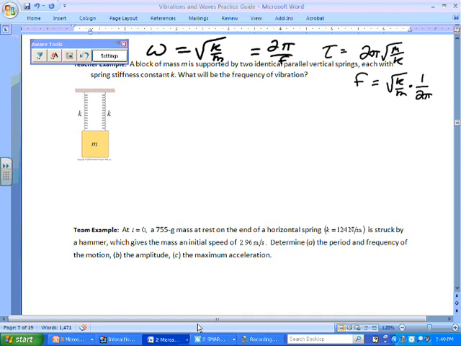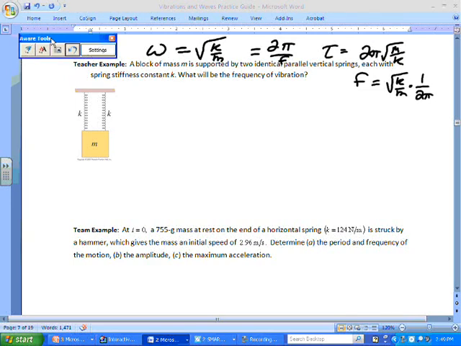Okay, so we look at this problem and we're asked to analyze this spring system. We've got two springs here, both with spring constant k, oscillating a mass m up and down. And we're asked to find the frequency of vibration. Well, now that we've done all that algebra, the work really is done.